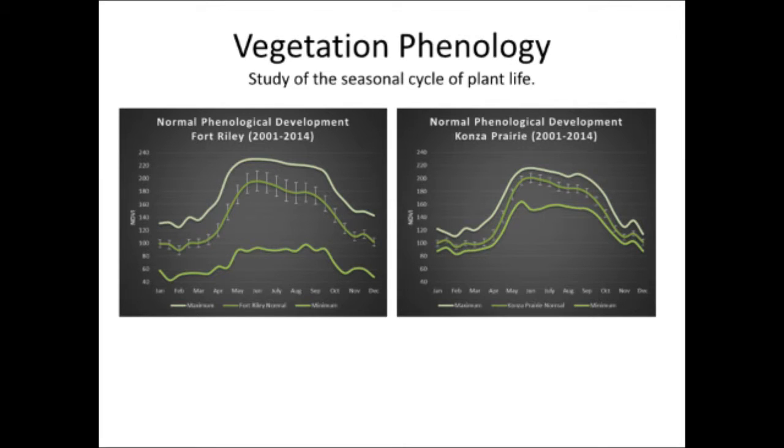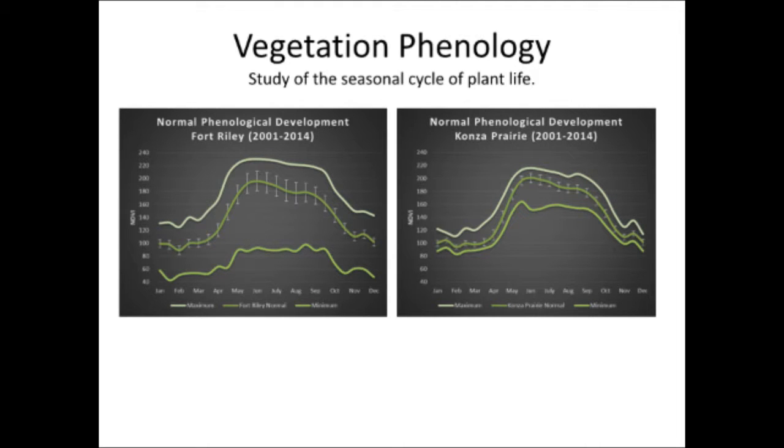So in terms of looking at those greenness images, those 16-day composite NDVI values, we were also just graphing the data. Again, part of our work was to determine what typical conditions were like at Fort Riley. So if we grabbed all the pixels inside the boundary of Fort Riley and calculated the mean NDVI for each composite period over a 14-year period from 2001 through 2014, we're able to create a mean phenology curve for Fort Riley.